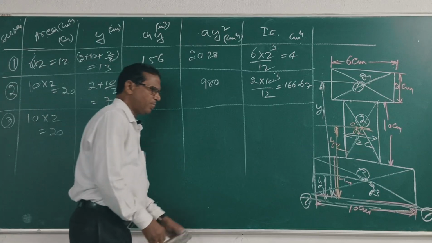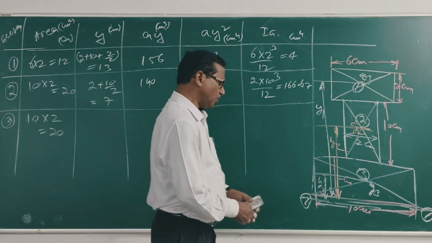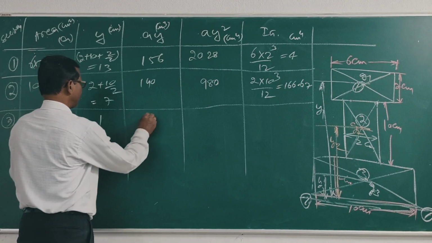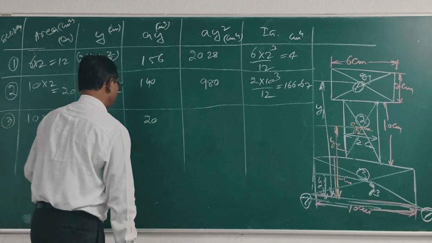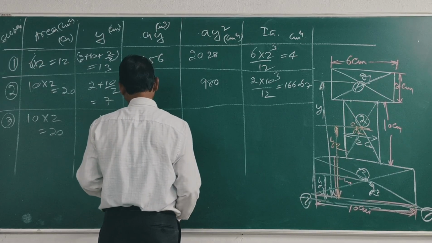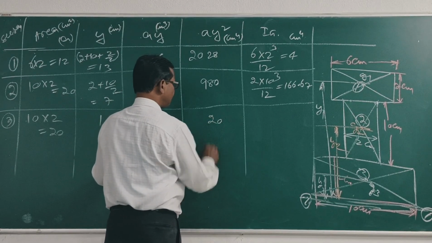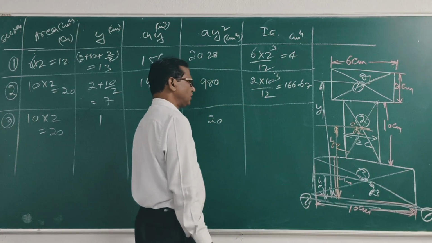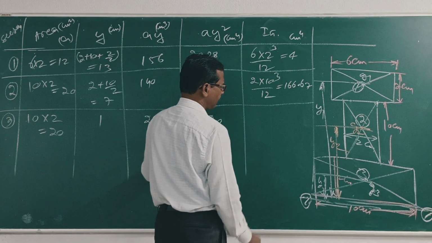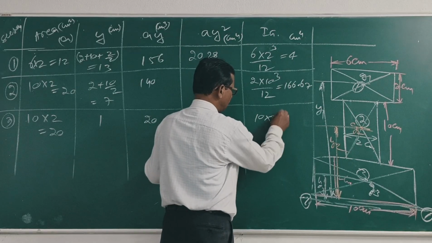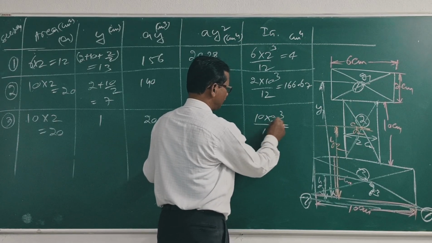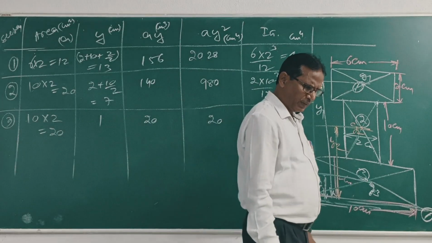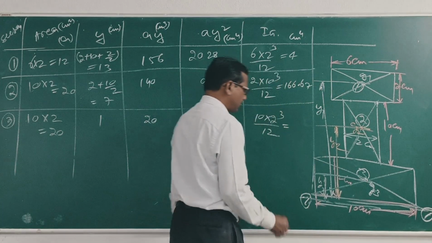Y, what is Y equal to? 1. A y, 20. A y square, 20. Clear? cm fourth. I G3, b d cubed by 12, 10 into 2 cubed by 12. Clear? 20 by 3, 6.667.